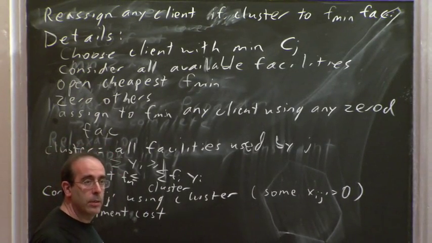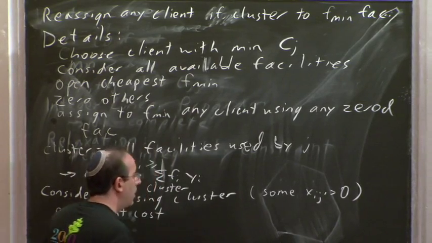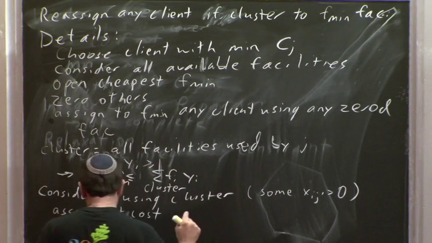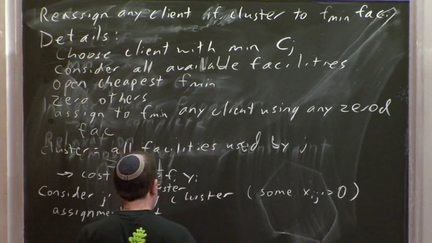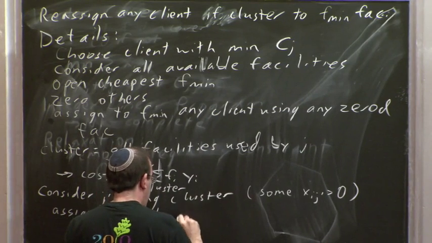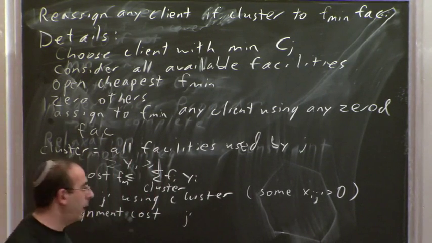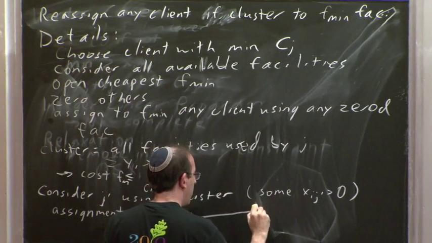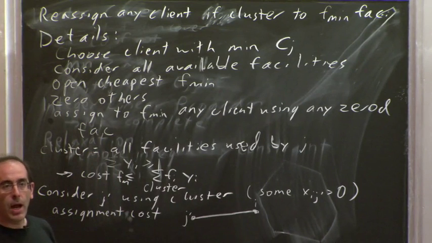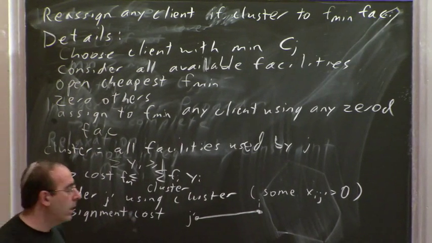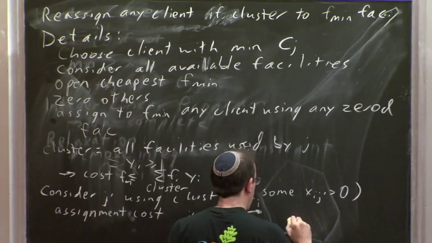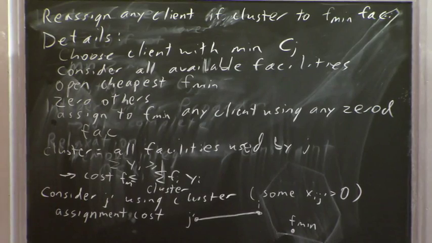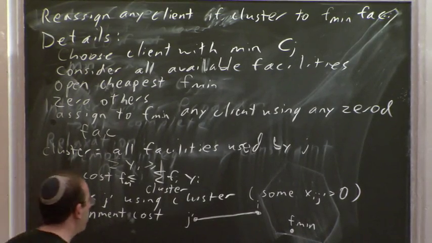Okay. Well, the crux of the matter is that we can break it apart into pieces. So we're going to start at the client j prime. Now, he wanted to use some cluster node I. But instead, we closed node I, and we opened this other node, which was the minimum cost in the cluster.